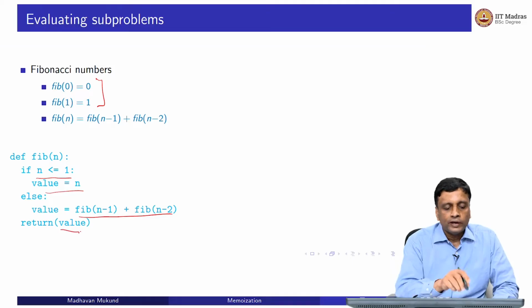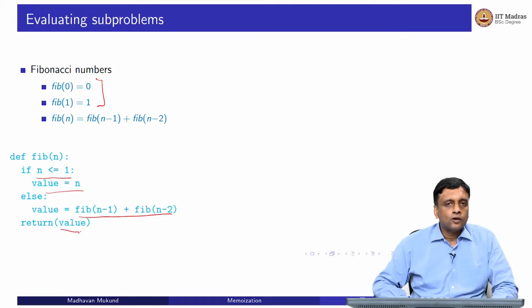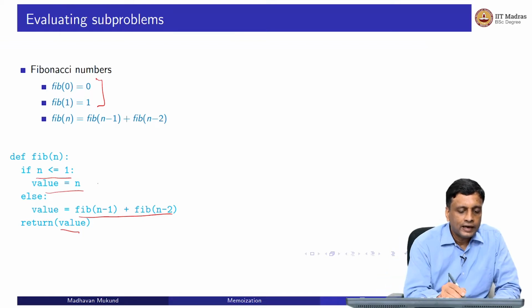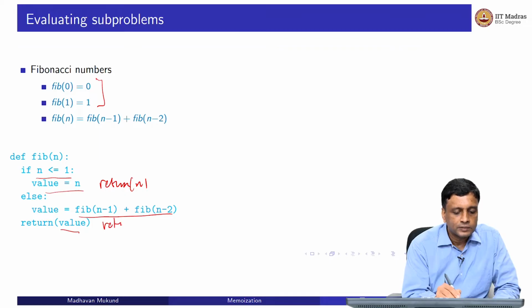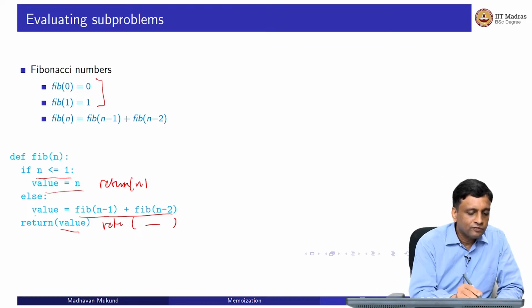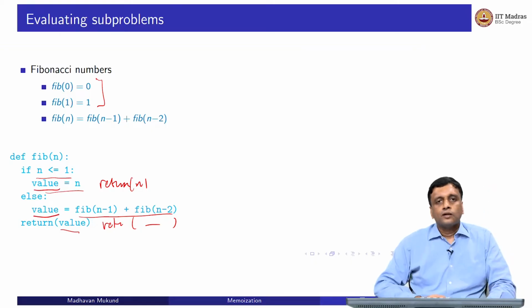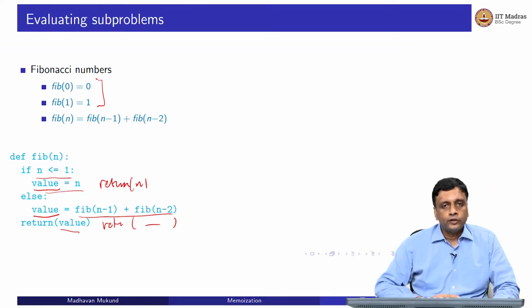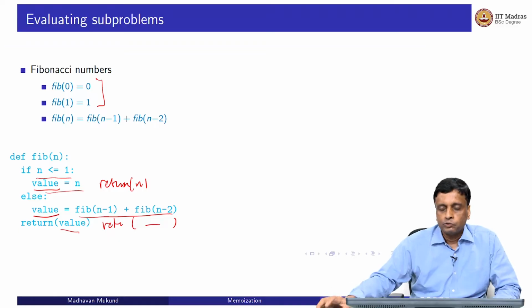There is a reason why I have done this convoluted thing of calling this intermediate thing a value and then returning it. We could directly have written return n and return this expression, but there is a reason why I have specifically in both cases stored this value to be returned in a new name called value and then returned it, which will become clear as we go along.